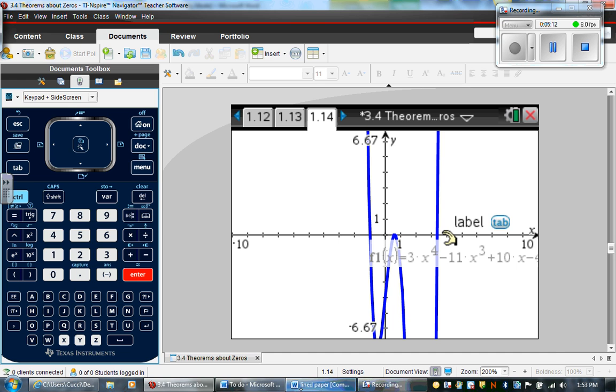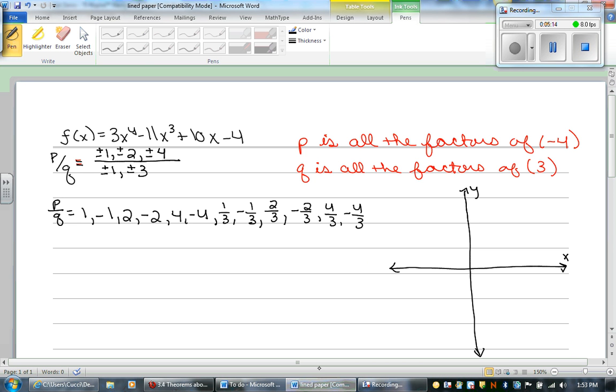We said the graph kind of looks like this, and we're thinking maybe negative 1, maybe 1/2, and then between 3 and 4, but we don't have any values here that would be between 3 and 4.